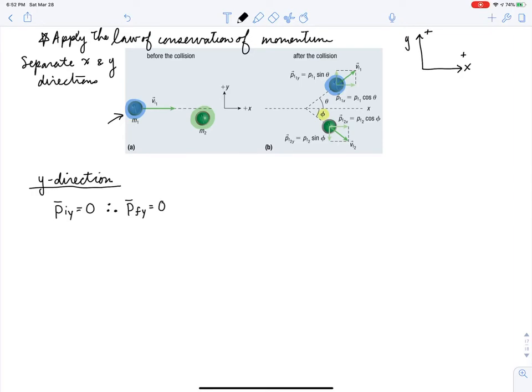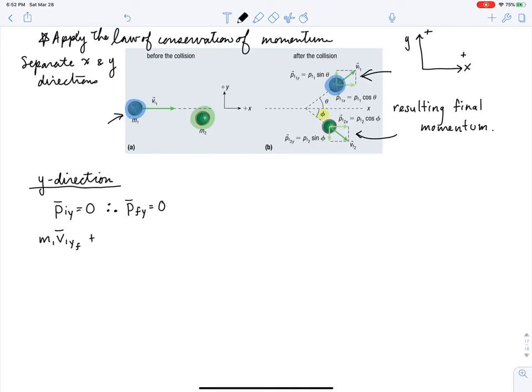So, if you take a look at the resulting velocities, and hence the resulting final momentums, of these two curling stones, you'll see that for mass number 1, its final velocity in the y direction is going upwards or north.